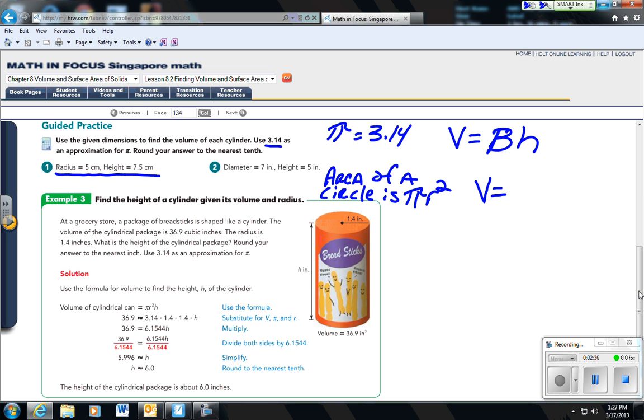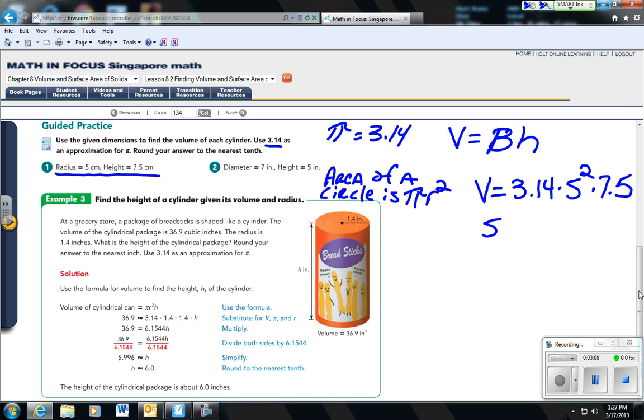So volume equals 3.14 times 5 squared. That gives us capital B, the area of our base. Then we multiply that times the height, which is 7.5. Then we use our calculators and multiply all of that together: 3.14 times 5 squared times 7.5.